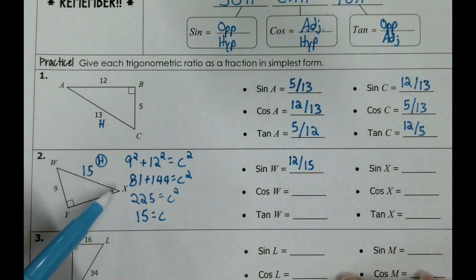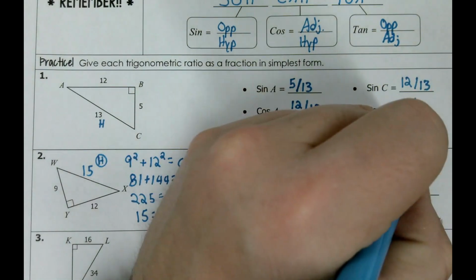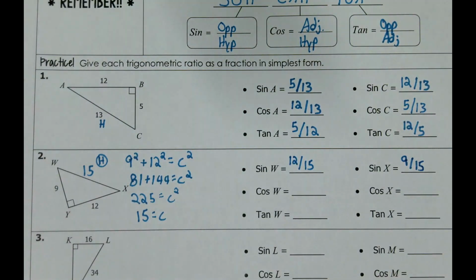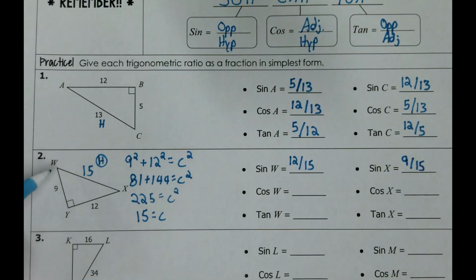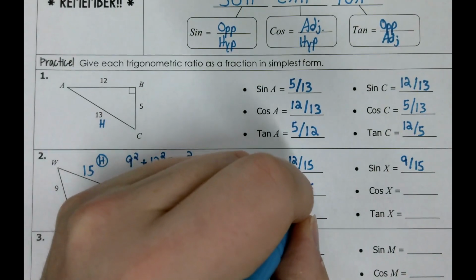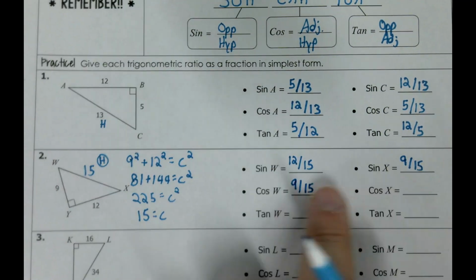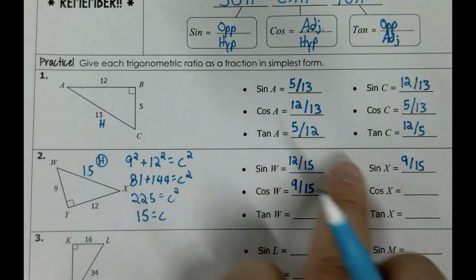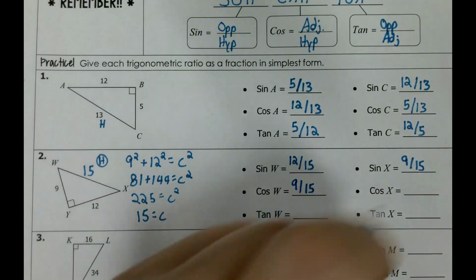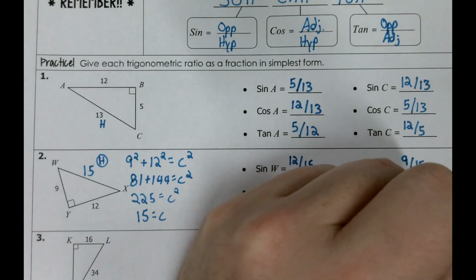And if I switch to X, opposite of X is now 9 over my hypotenuse of 15. Cosine W, so adjacent to W, the side that's next to it, is 9 over the hypotenuse of 15. Again, those are the same, which means those two should be the same. So let's double check. Well, adjacent to X here is side 12, so that is true.